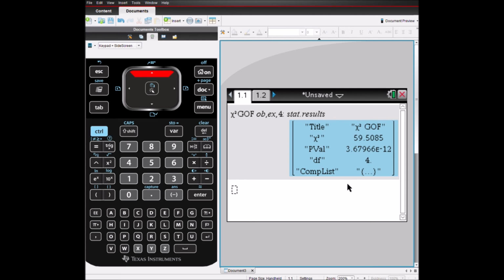Then it gives you degrees of freedom, and that computational list is probably just something the programmer put in for computations between the expected and the observed. What it probably did was calculate the O minus E squared over E thing, but as a list. And that's it.